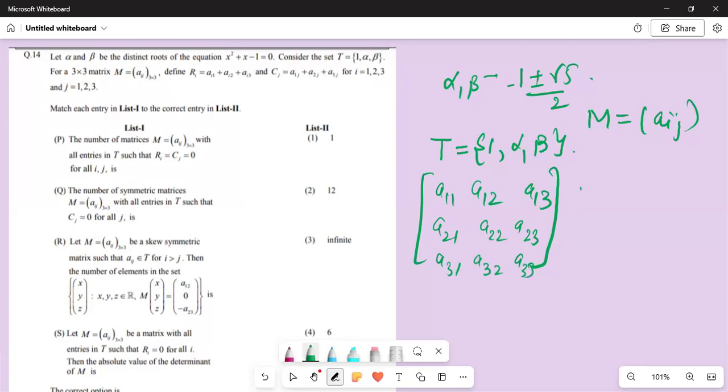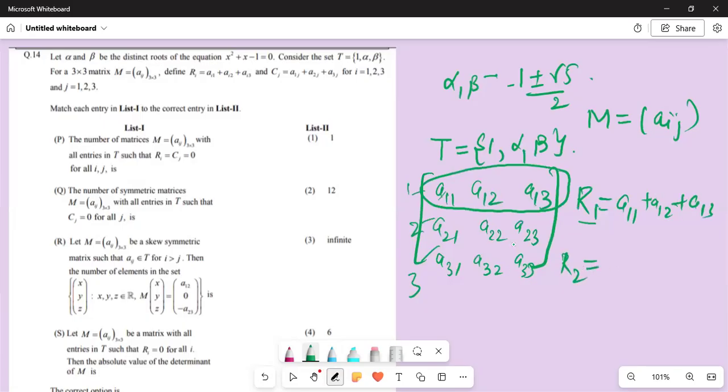So they have defined R1 as the sum of the elements present in the first row. This is the first row, this is the second row, and this is the third row. So R1 is the sum of the elements of the first row, A11 plus A12 plus A13.